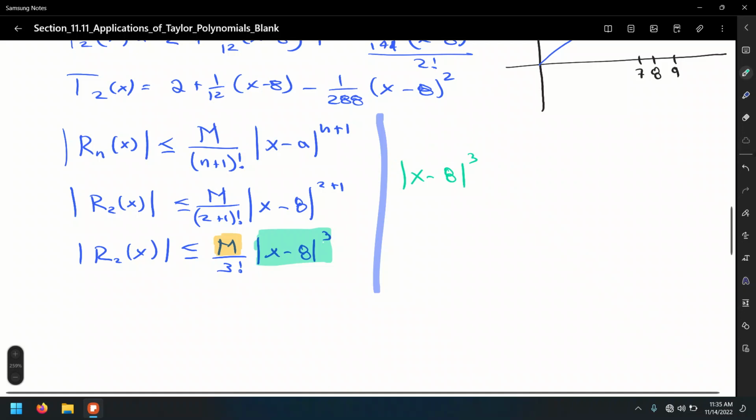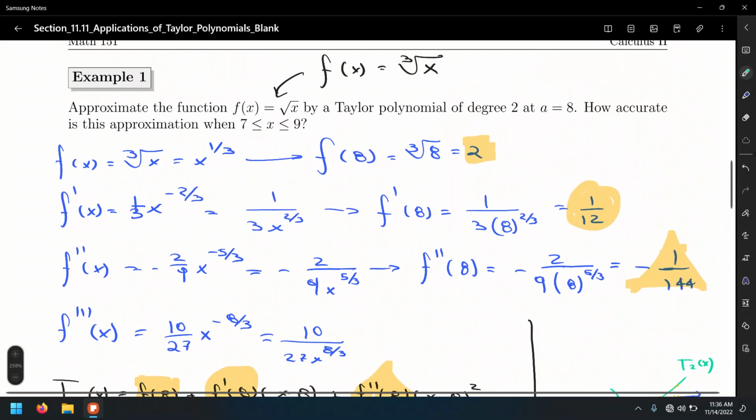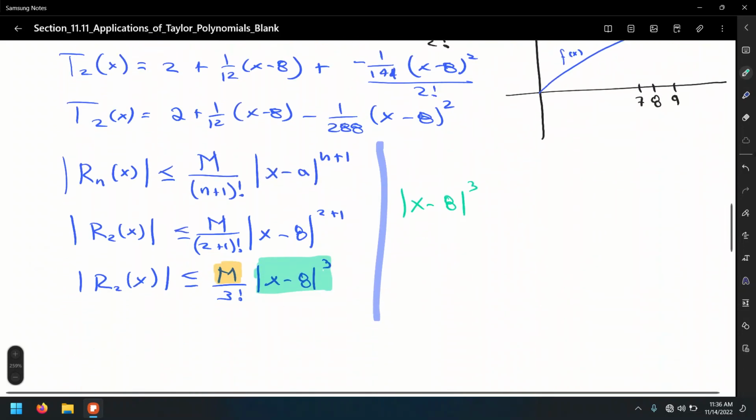In this case, we are going to evaluate this quantity at both ends of the interval that we're looking at, the interval that goes between 7 and 9. Those are the endpoints I'm going to evaluate to find out which of the two values is going to give us the largest value.